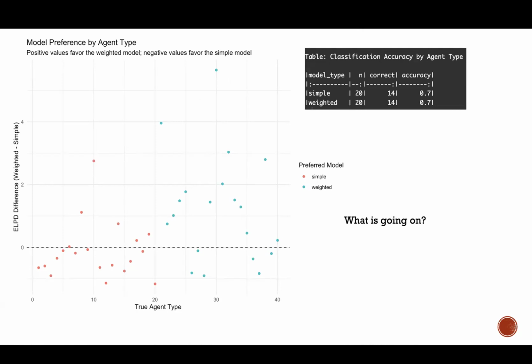The first 20 are the simple agents. The second 20 are the weighted agents. On the y-axis, the ELPD difference, which is centered at 0, meaning that everything below 0 has better evidence for the simple agent model. For values above 0, there's better evidence for the weighted agent model. What do you think is happening there?